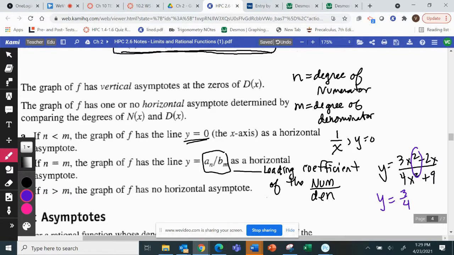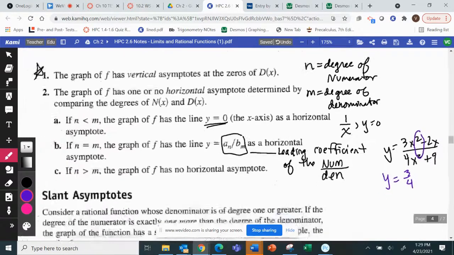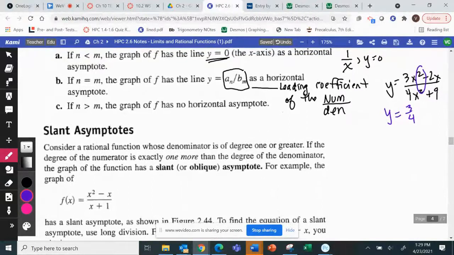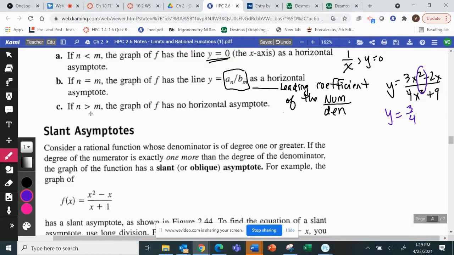And then the third possibility is that you have the degree on top greater than the degree on the bottom. If the degree on top is greater than the degree on the bottom, there's no horizontal asymptote. So those are your 3 options for horizontal asymptotes.